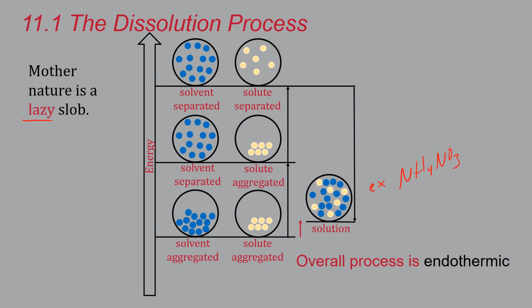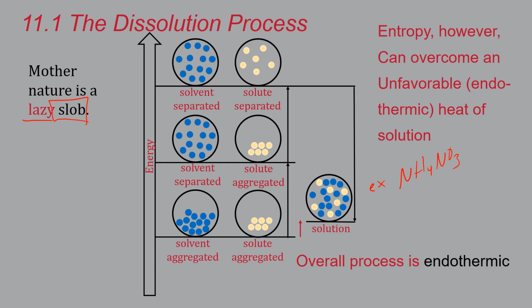In this particular example, what makes this work is the slob aspect of it. Now mind you, this process is quite spontaneous, but it's still endothermic. And the reason why it works out that way is something called entropy.